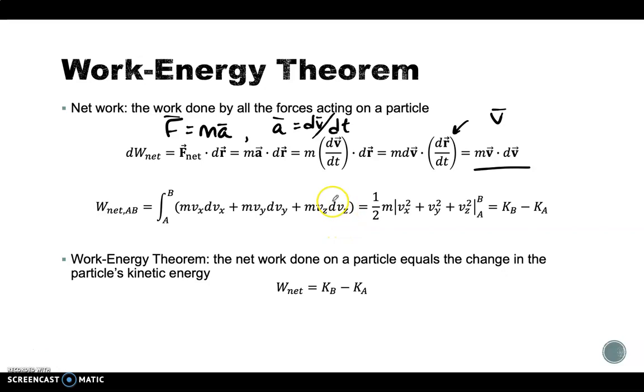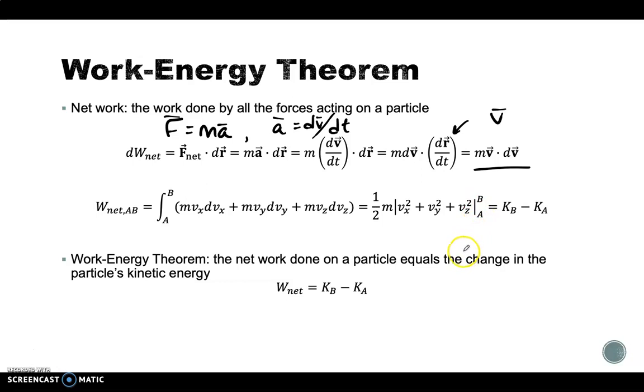Okay? And when we take that integral, we will get 1/2 m times vx squared plus vy squared plus vz squared. And you'll take that from A to B.